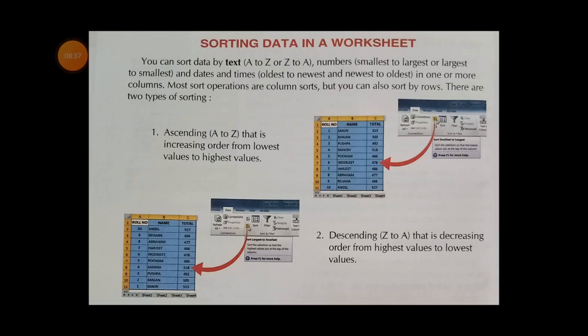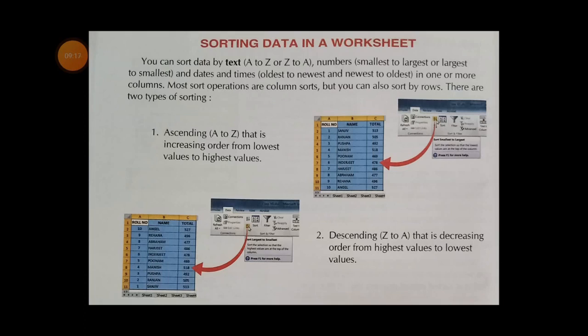You can sort data by text A to Z or Z to A, numbers smallest to largest or largest to smallest, and dates and times oldest to newest and newest to oldest, in one or more columns. We can sort one or more columns at the same time.